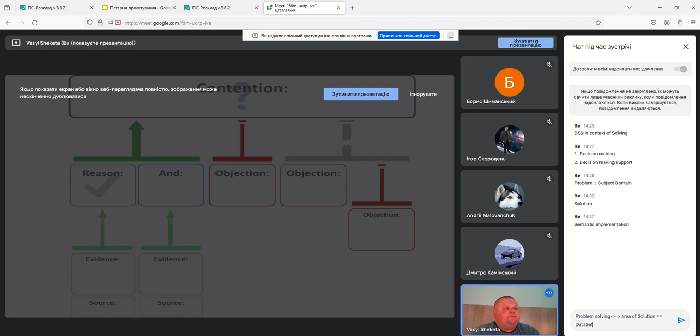And what it gives is a context of decision making.